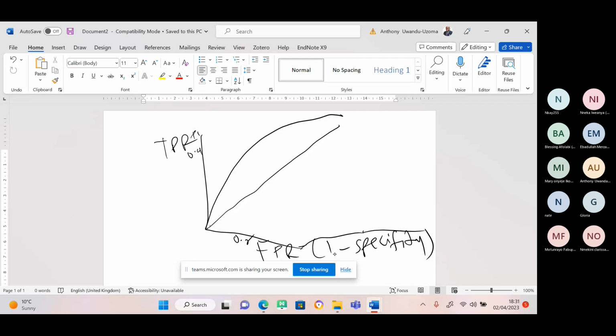So at this point, we have a value here. Can you interpret this? The person that asked is asking me a question. What do you understand? I have a plot here.